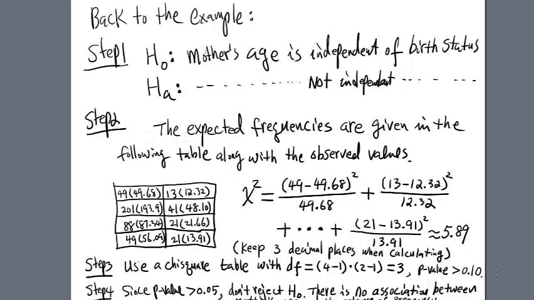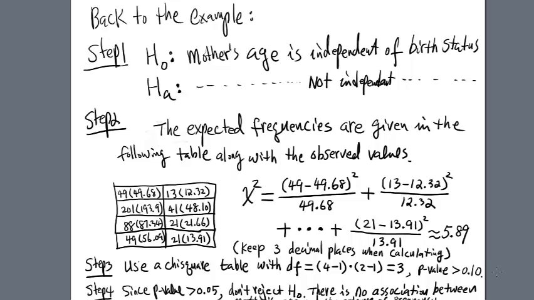The second step, we calculate the chi-square statistic value. Before we calculate that value, we have to find expected frequencies for all the cells. There are 8 expected frequencies to find, and the table gives the original observed values along with the expected frequencies in parentheses.